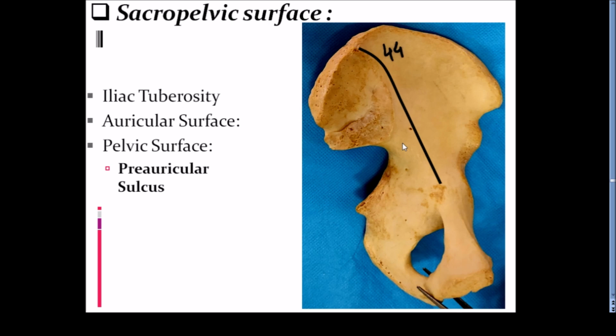Now the iliac tuberosity. The iliac tuberosity is the large rough area lying just below the dorsal segment of the iliac crest.